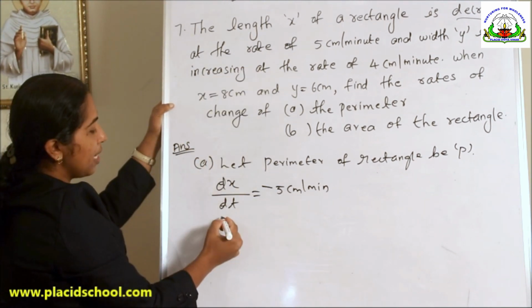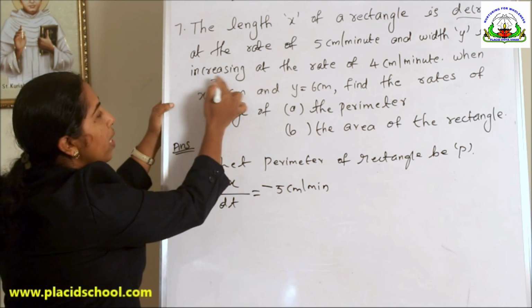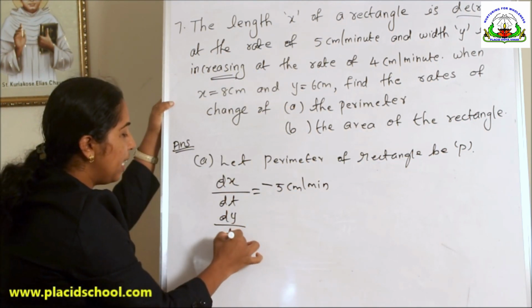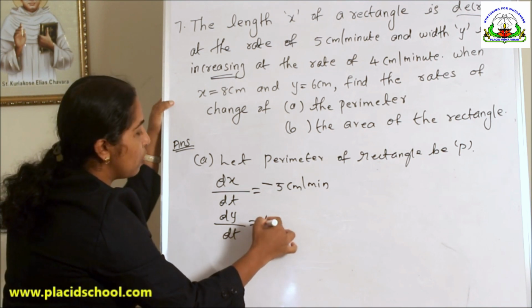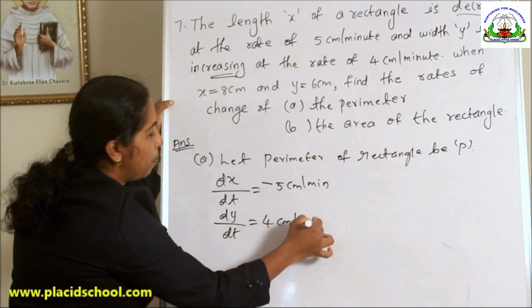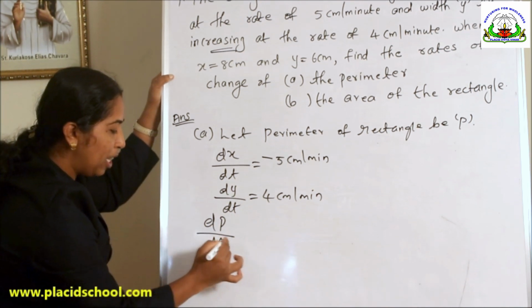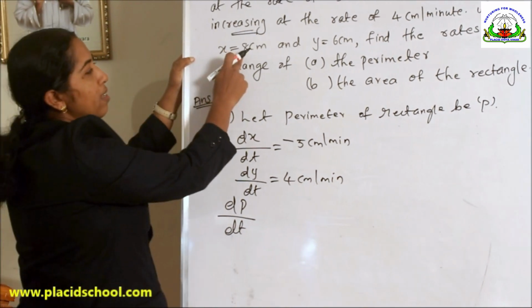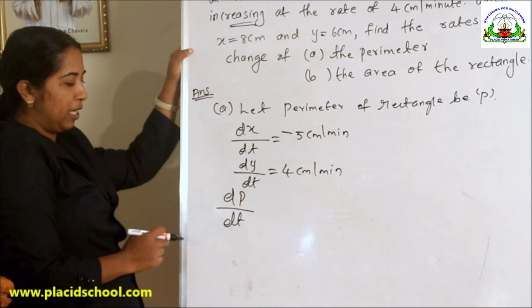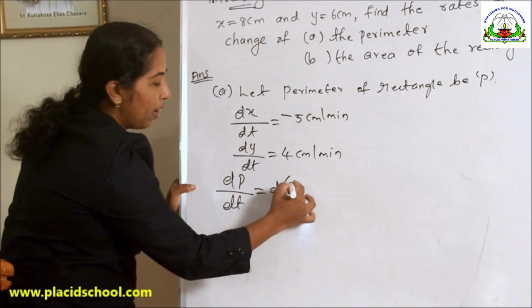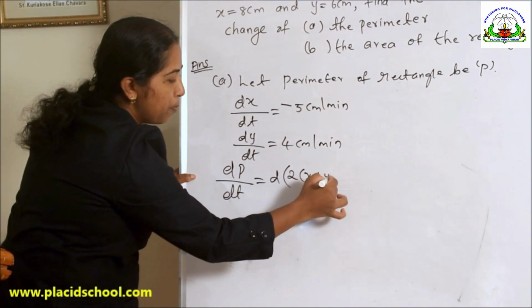In the next step, it is given that the width is increasing at the rate of 4 centimeter per minute. So dy by dt, the rate of change of width with respect to time, is 4 centimeter per minute. The question is to compute the rate of change of perimeter with respect to time when x is 8 and y equal to 6 centimeter. As you know, the formula to find the perimeter of a rectangle is 2 into length plus breadth.